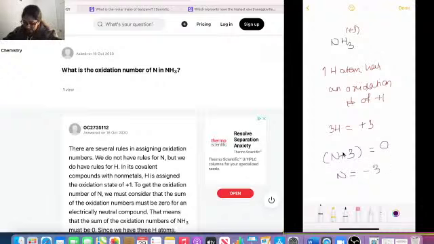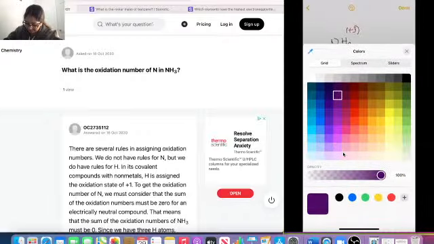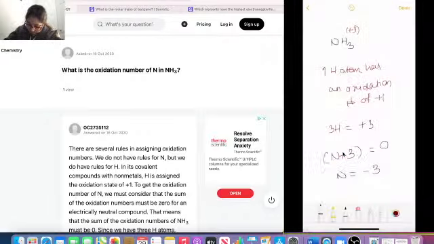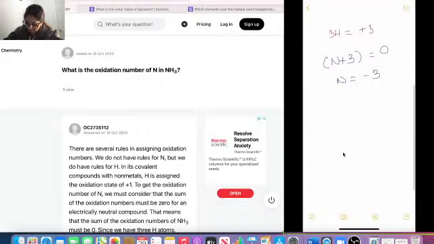Basically, the oxidation number for nitrogen is -3, and this is what makes it a neutral compound.